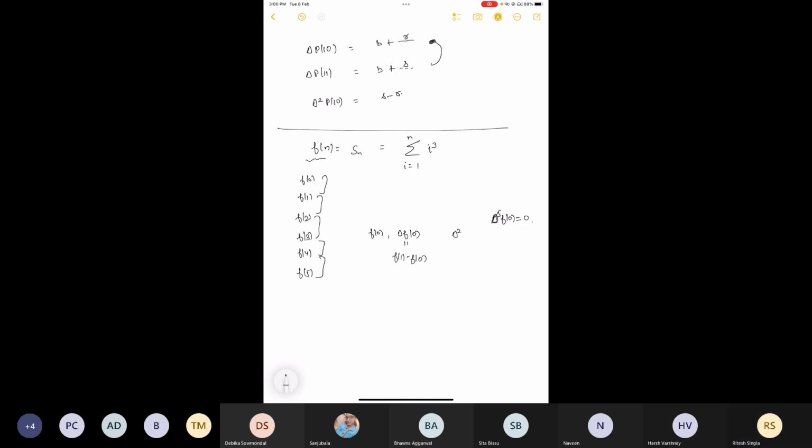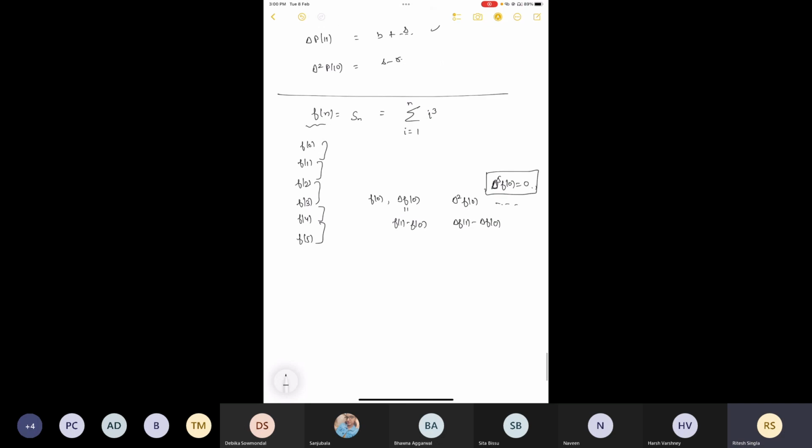Then the second difference of f of 0, which is nothing but f of 1 minus the first difference of f of 0, right? That is how we proceed. So when you proceed in this manner, you will find that this thing is 0.